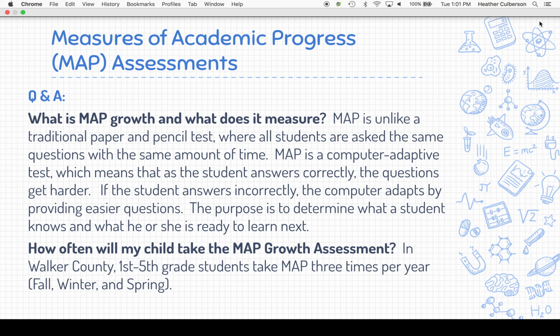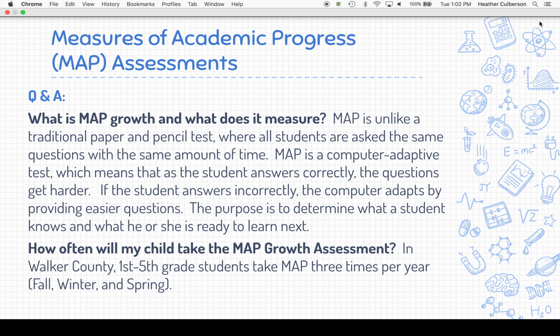And then mid-year in December, we gave the test to see how much we had grown. And then finally, in May, after Milestones is over, we will give the MAP testing. It's only 2 days of testing for grades 1 through 5, and that way we can measure how much progress we've made for the whole year.